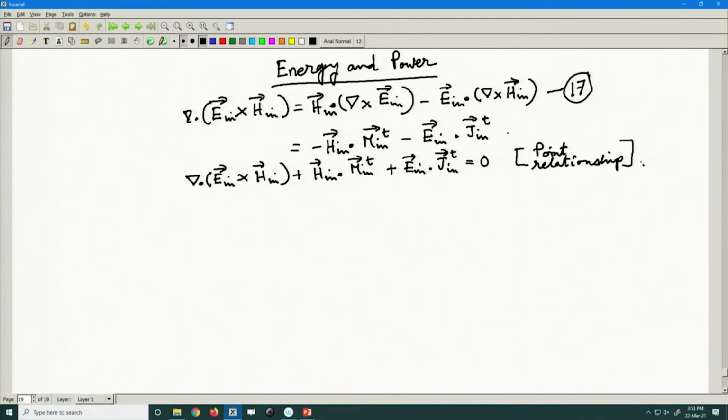For that, we take the divergence term and find the triple integral, then apply the divergence theorem. So, this is the first term.